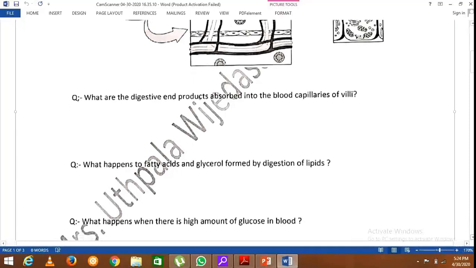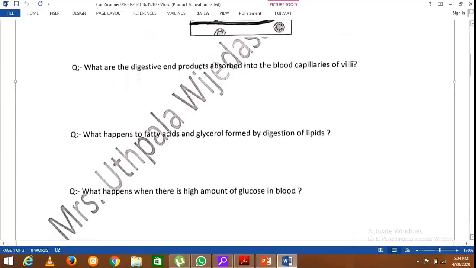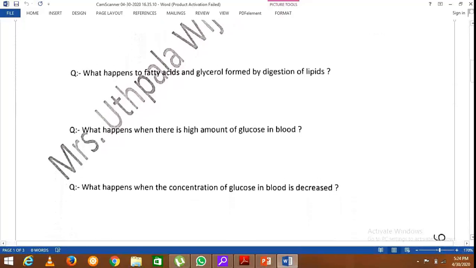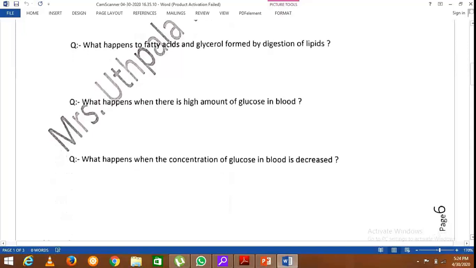Then what happens when there is high amount of glucose in blood? When there is a high amount of glucose in blood, the excessive glucose is converted into glycogen and stored inside the liver mainly.